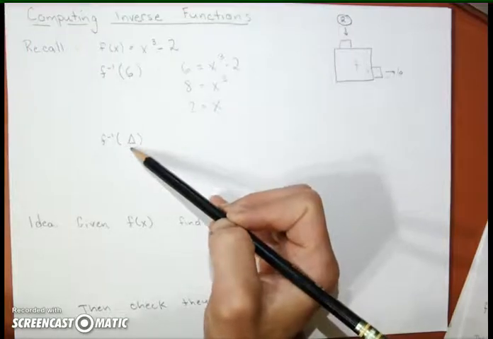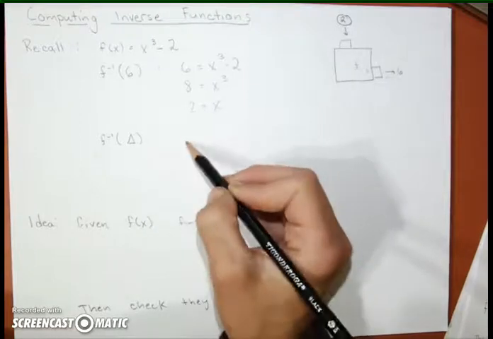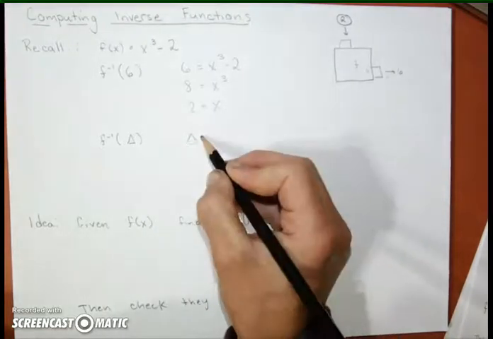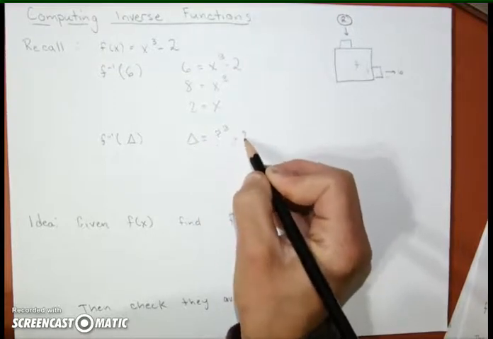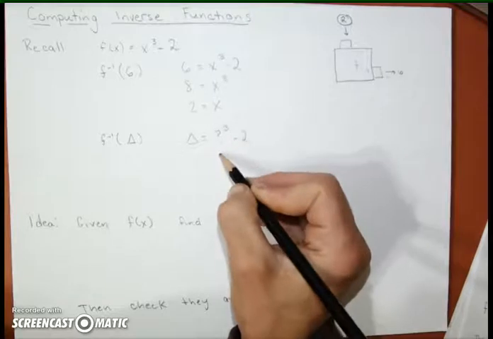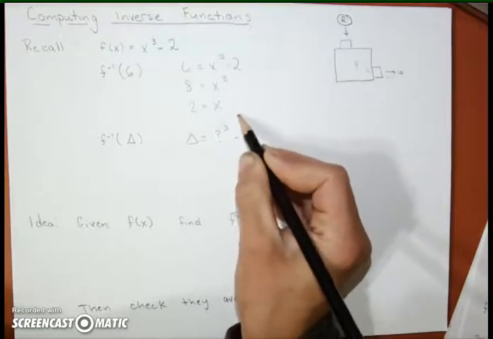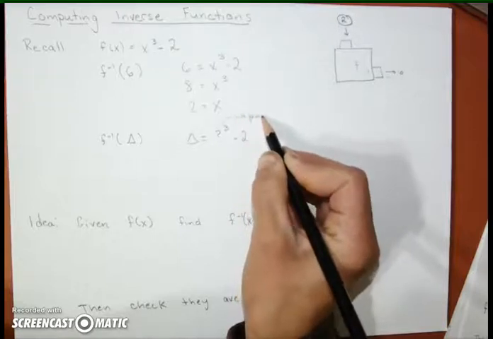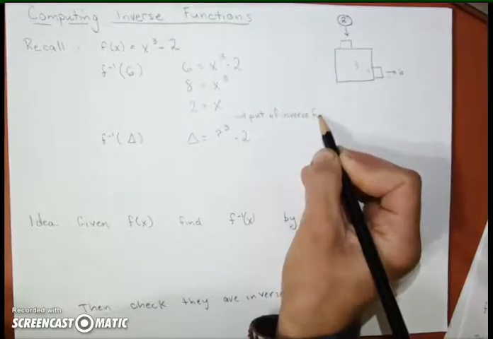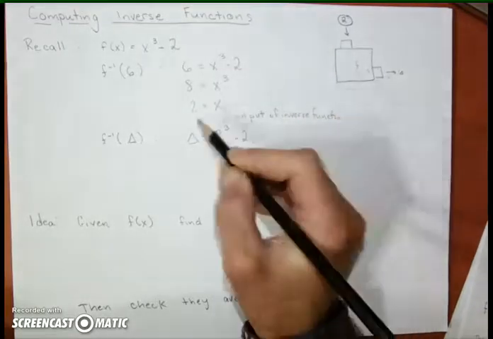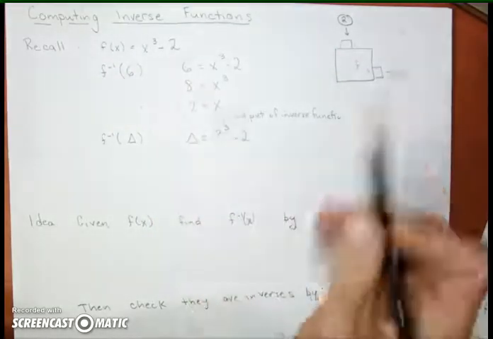So for now, I'll just call it triangle as a placeholder. And we find the inverse function by doing the exact same thing as above. We say triangle equals some number cubed minus 2, and I want to figure out what this number is. This is going to be the output of the inverse function, just like 2 was the output of the inverse function when we plugged in 6.